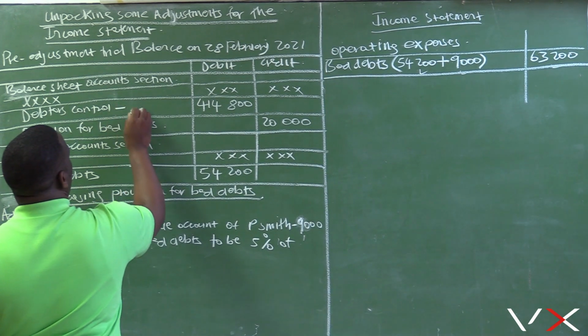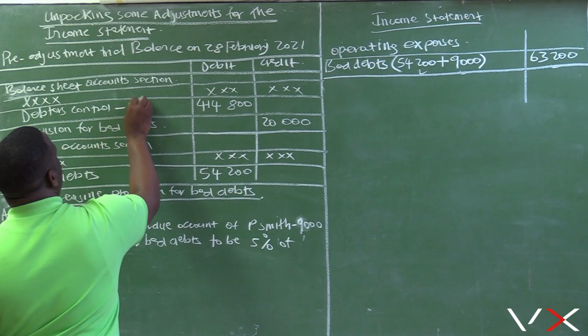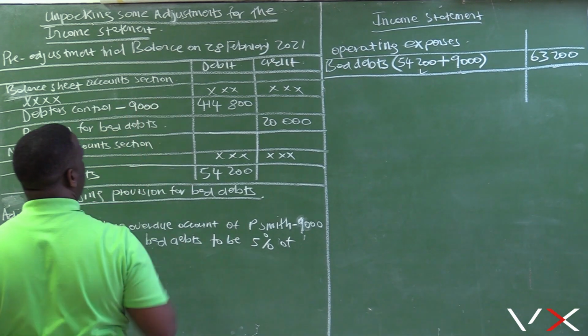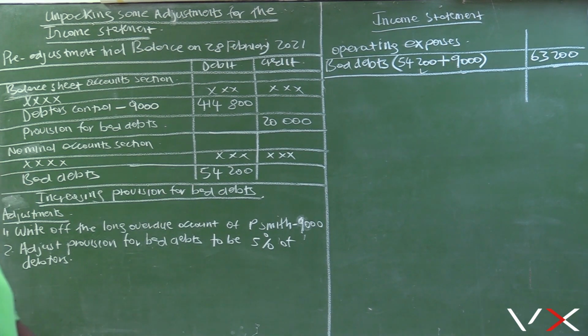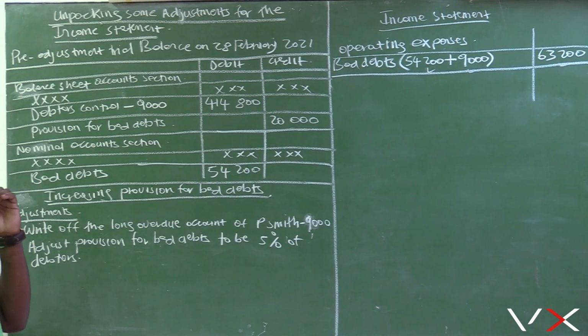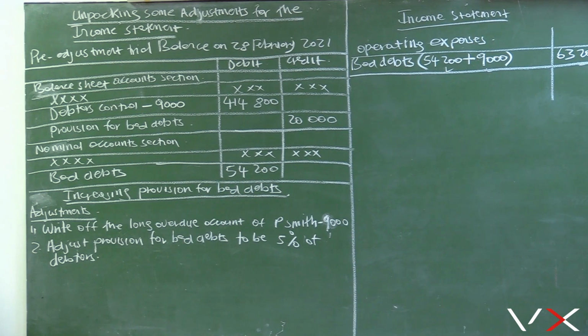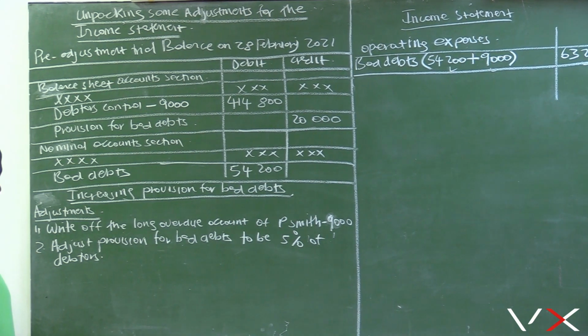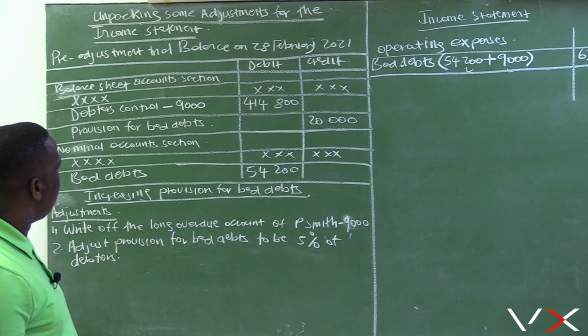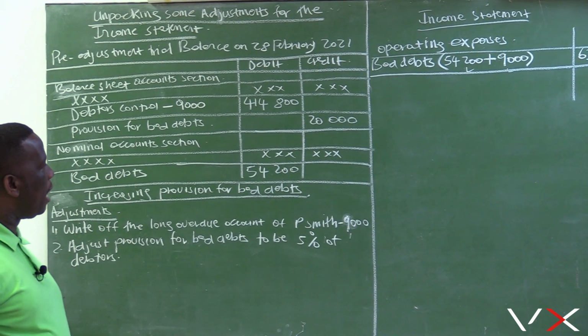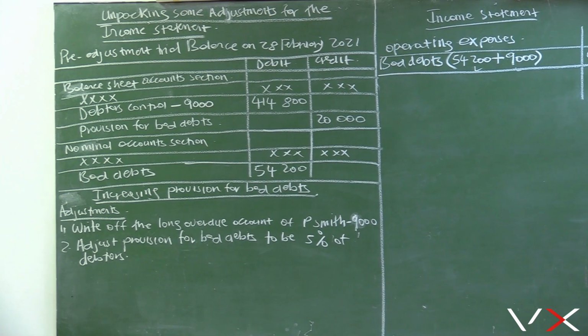So it means there is going to be minus 9,000 here. You will just note it in your question paper that if you are writing off the account of a debtor who is long overdue, then it will mean that your debtors control account will decrease by 9,000.